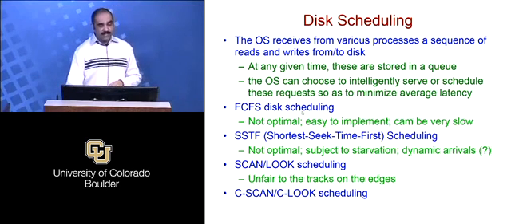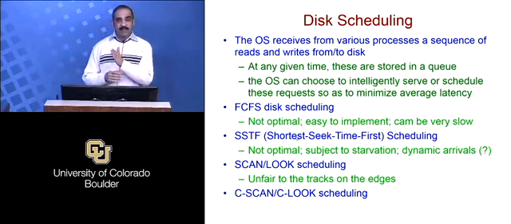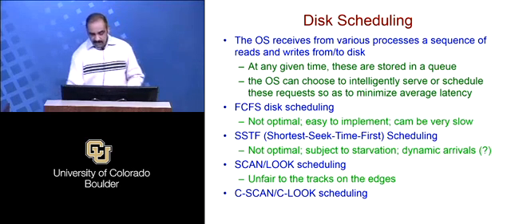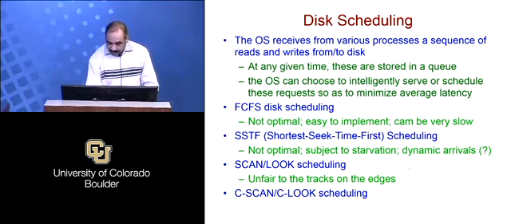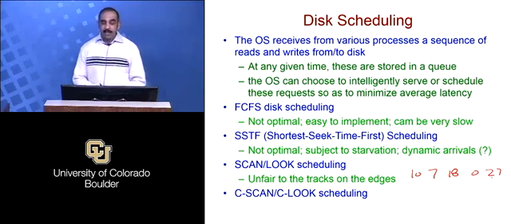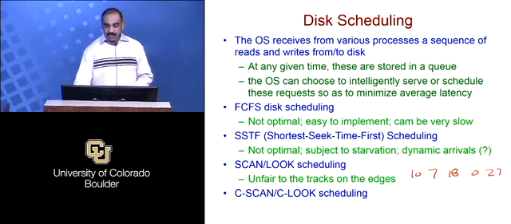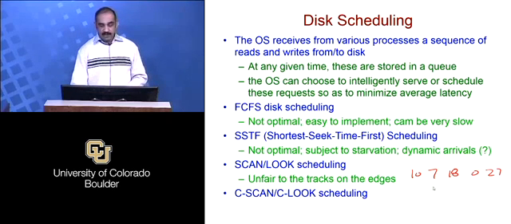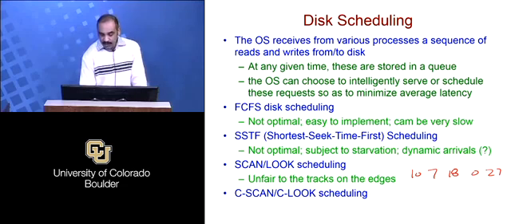First is FCFS, first come first serve. Let me write a sequence here: say 10, 7, 18, 0, 27. First come first serve will go to track number 10, then track 7, then track 18, then track 0, and then track 27. You can see the distance the arm has to travel.